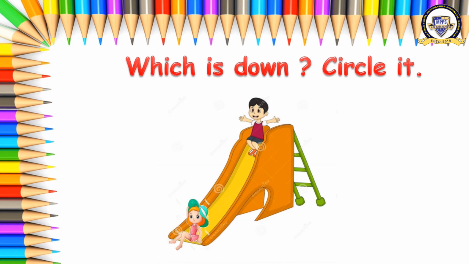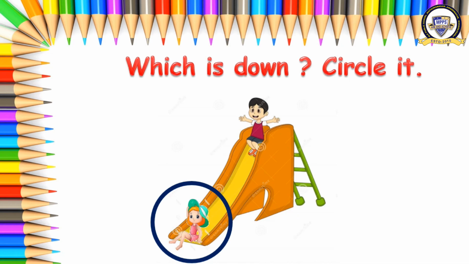Who is sitting up and who is sitting down? Tell me. Is the boy sitting down? Yeah, girl. Tell me which is down. Who is sitting down? It is the girl who is sitting down. Very good.